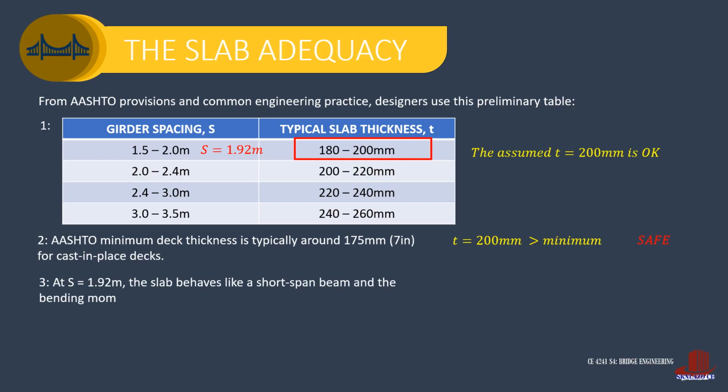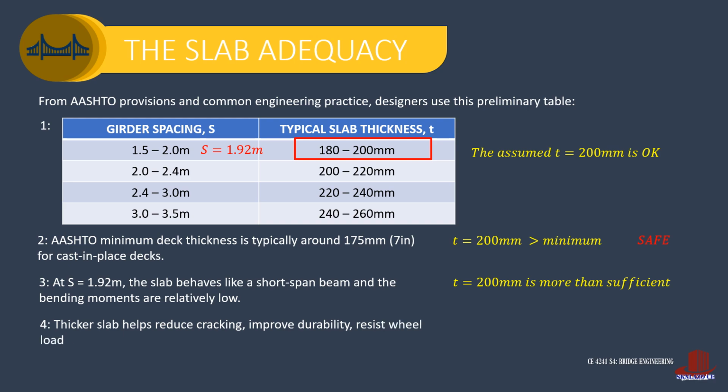The next point to consider is that at girder spacing of 1.92 meters, the slab behaves like a short span beam, which brings about low bending moments. Thus, a thickness of 200 mm is sufficient to counter those moments. Lastly, a thicker slab helps reduce cracking, improve durability, and resist wheel loads, so a thickness of 200 mm makes the bridge safer.